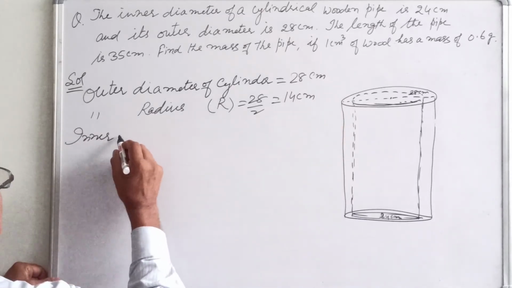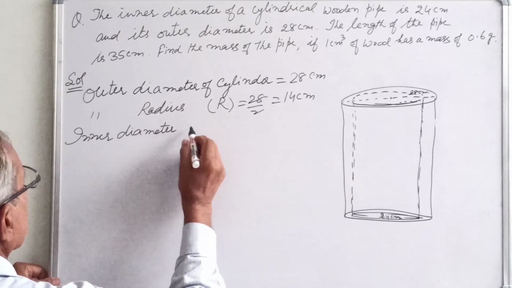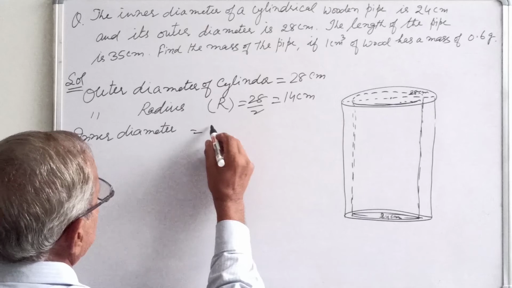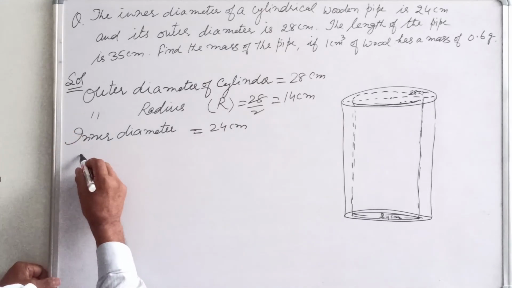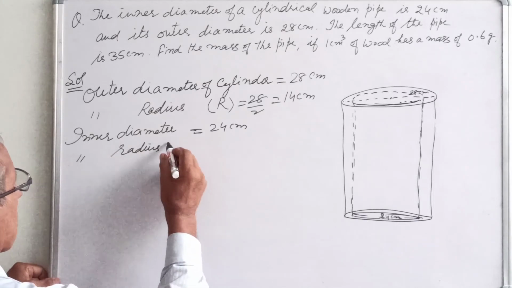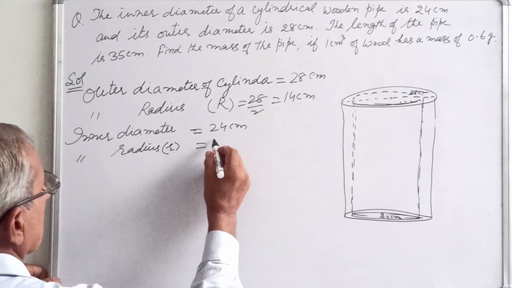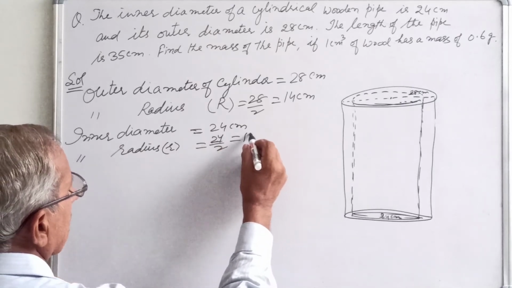Inner diameter 24 centimeter, inner radius small r, 24 divided by 2, 12 centimeter.